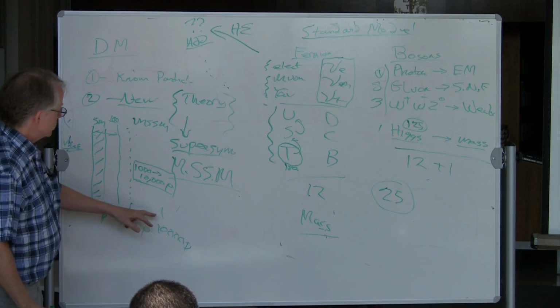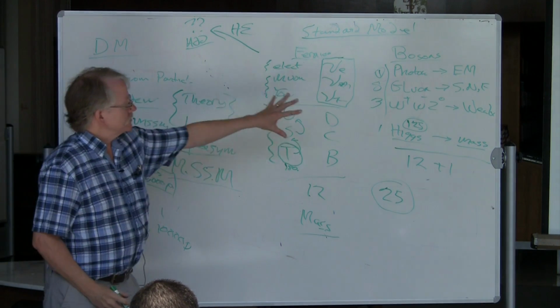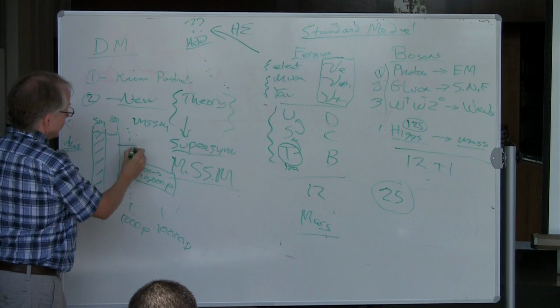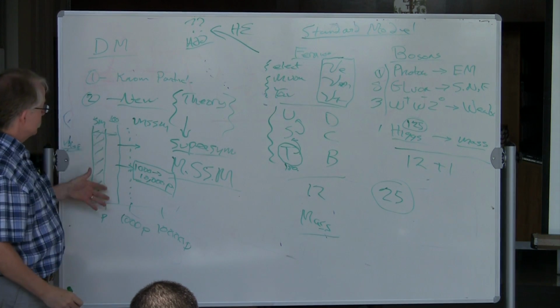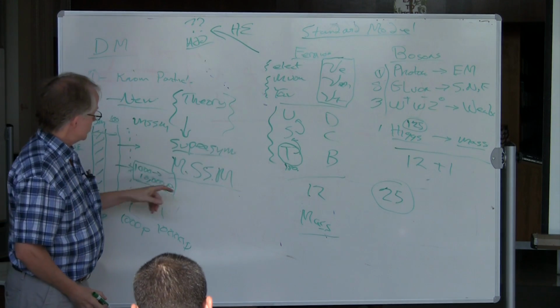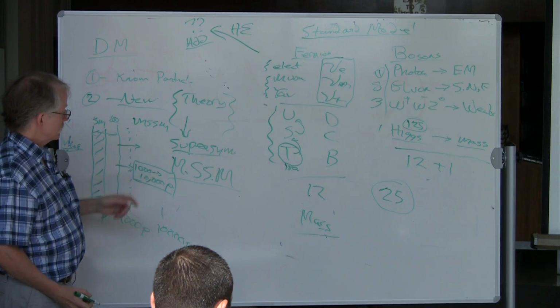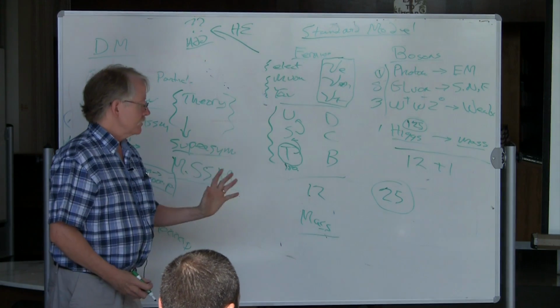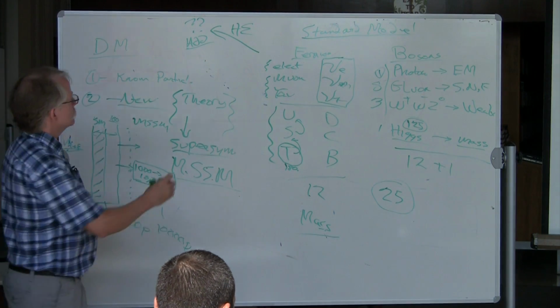When we get out to 1,000 and 10,000, we can take this model and bridge it out into this new energy range, but we're not going to be adding any new particles because that's it. With supersymmetry, we can add new particles. The particle that has the lowest mass is called a neutralino.